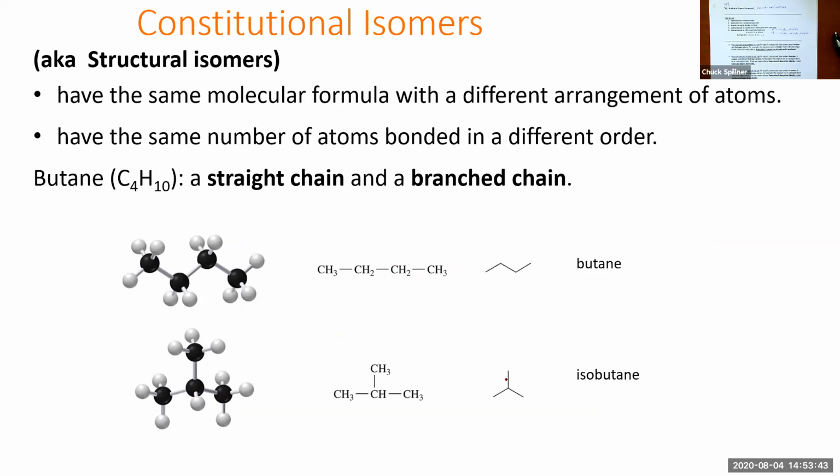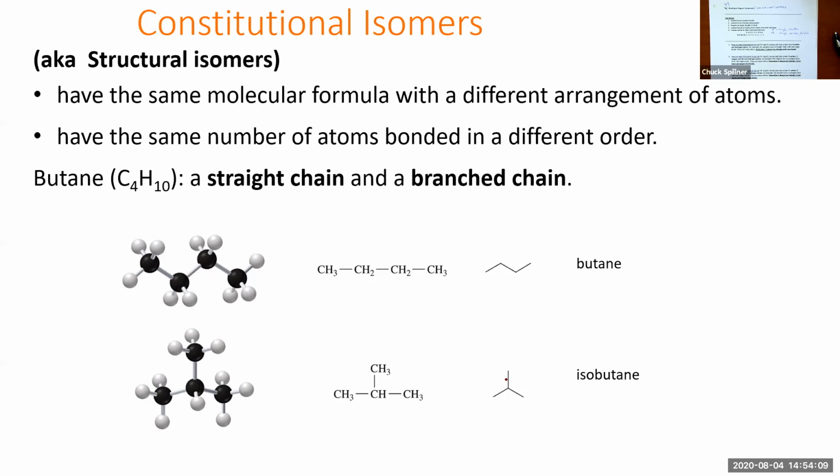And let me add something here: you have to have at least 4 carbon atoms, 4 or more, to have structural isomers. If you only have 3 carbon atoms, there's only one. There are no structural isomers because you can't make a branch. So C3H8, there's only one molecule. This is alkanes.